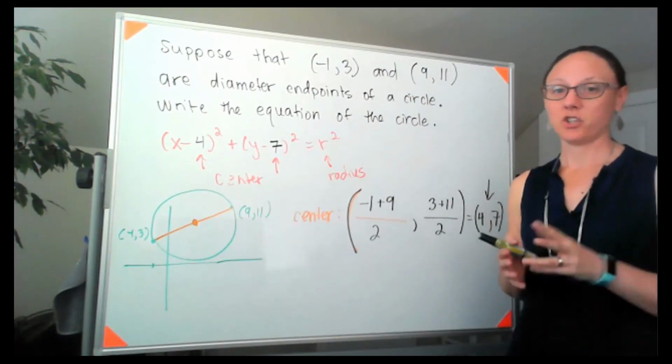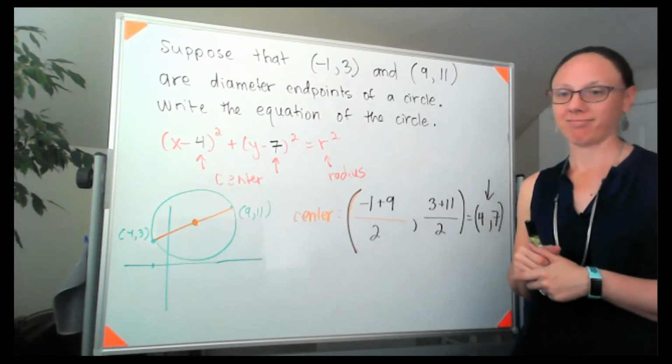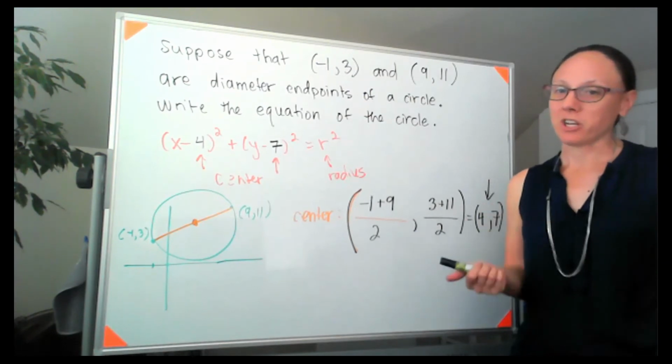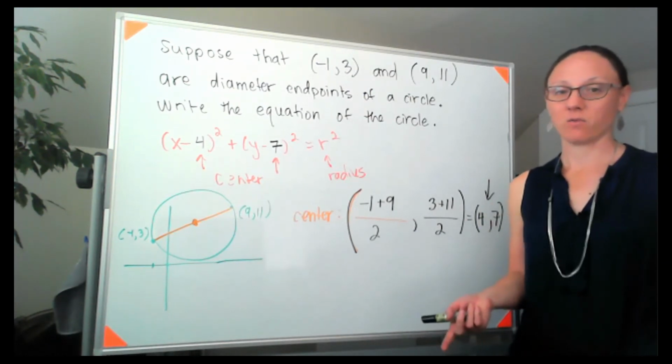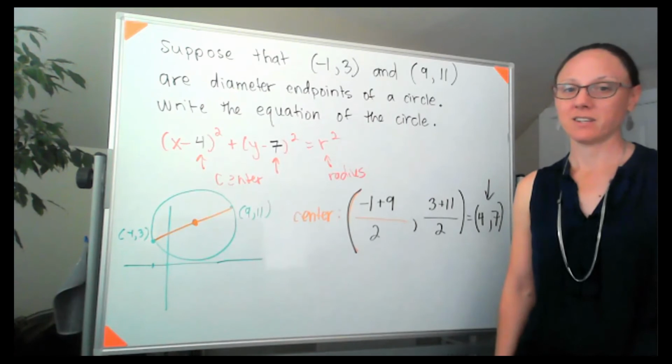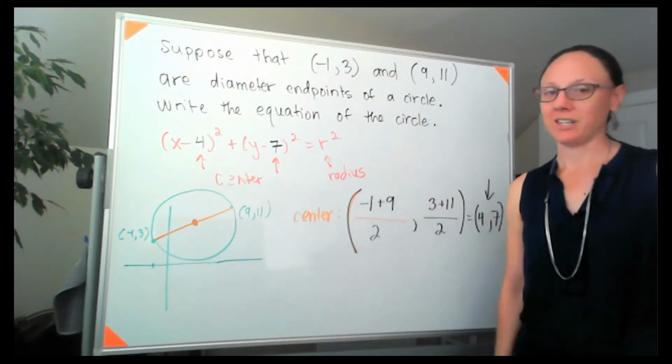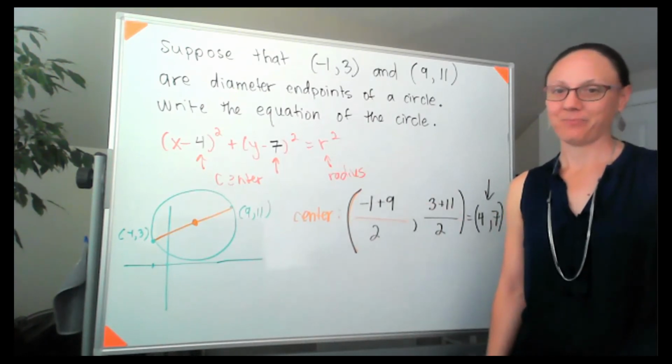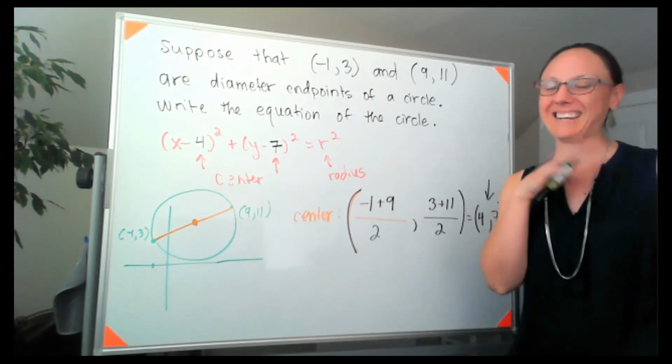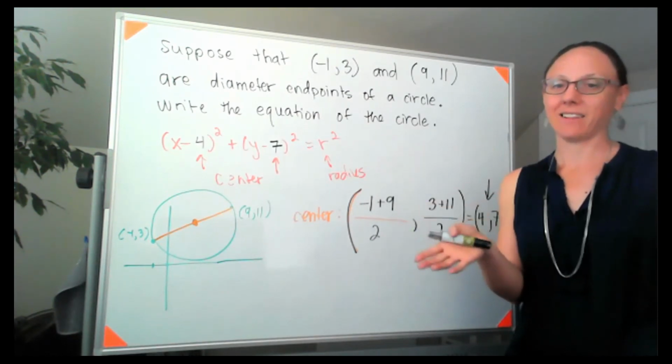There are 2 ways to do this next part. So one option is to use the distance formula to find the radius. And the other option that I think is easier, it's exactly the same work.